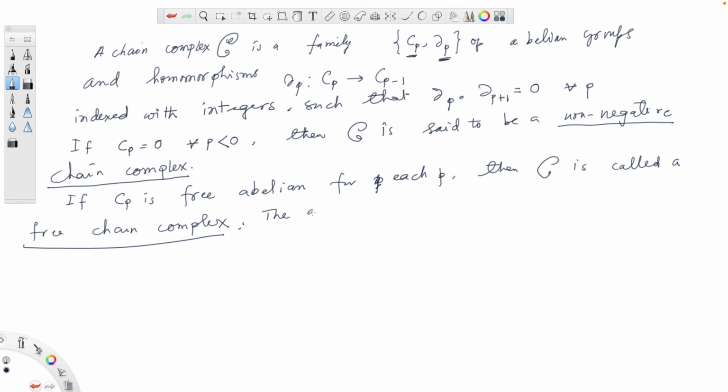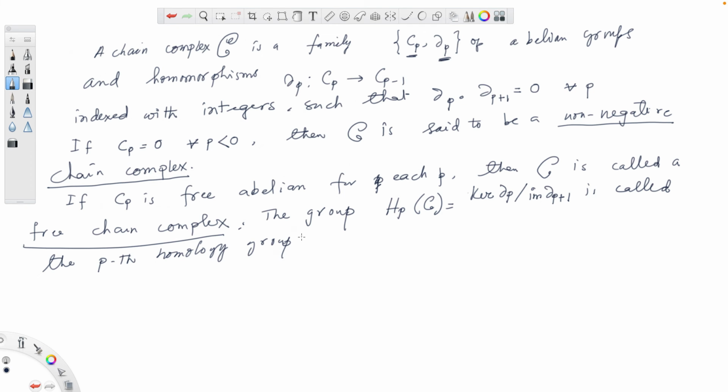The quotient group H_p of C that one obtains from quotienting out the kernel of the boundary homomorphism del_p by its subgroup, the image of del_{p+1}, is defined as the pth homology group of the chain complex C.